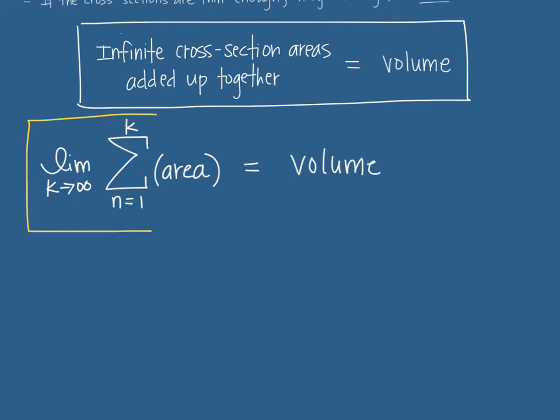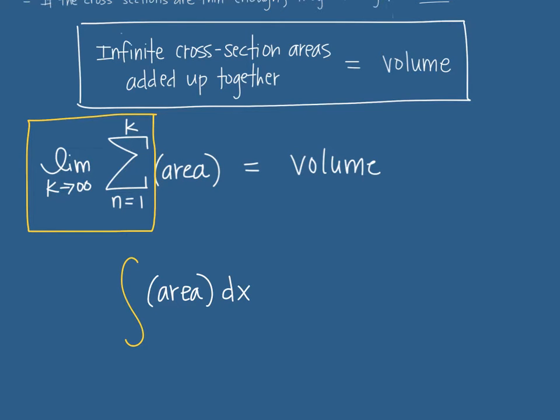This whole expression right here can be elegantly written with one symbol. Okay, what symbol did we learn? The integral. So the integral of area, and then we tell what axis we're working on.